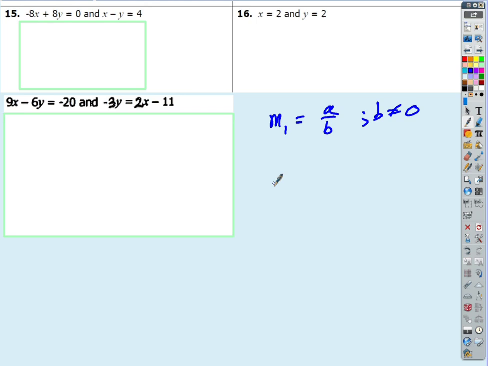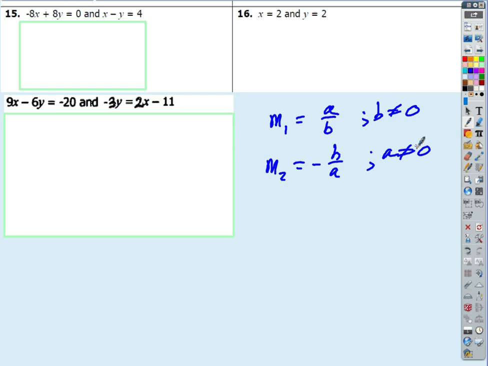So let's say line 2 is perpendicular to line 1. Well, you already told me that if they're perpendicular, they are negative reciprocals. So I multiply by -1 and I flip the fraction. And we also know here that a can't equal 0, right?